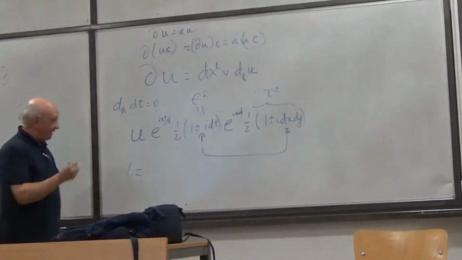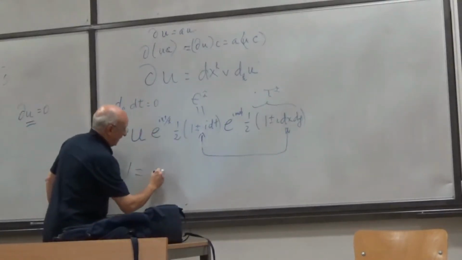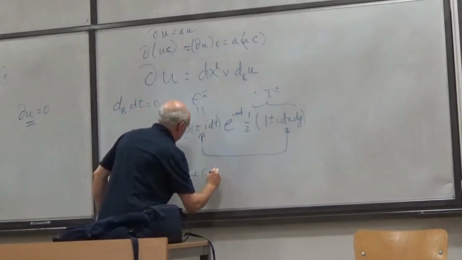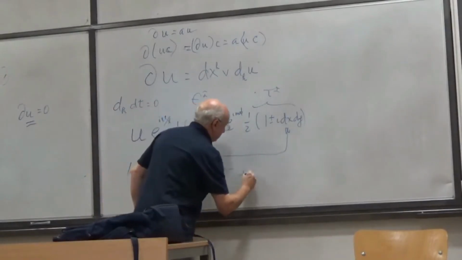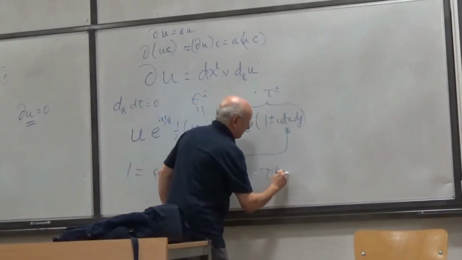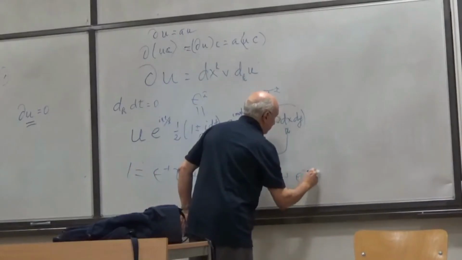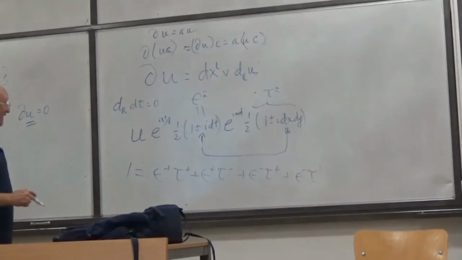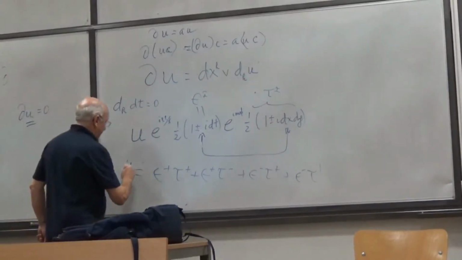So one can decompose as epsilon plus tau plus, plus epsilon plus tau minus, plus epsilon minus tau plus, plus epsilon minus tau minus. If I multiply by any element of the algebra, I have this.